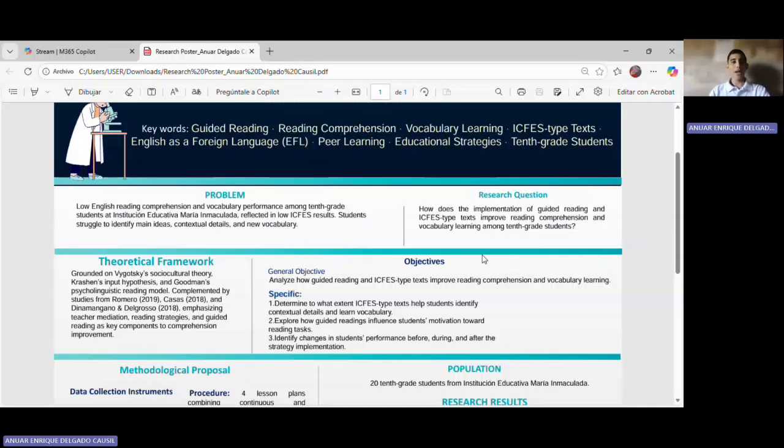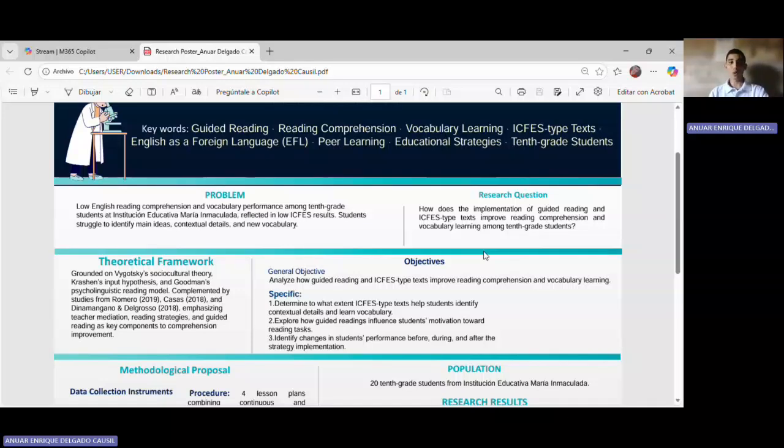We have three specific objectives for this investigation. Number one is to determine how ICFES type discontinuous texts help students identify contextual details and learn new vocabulary.